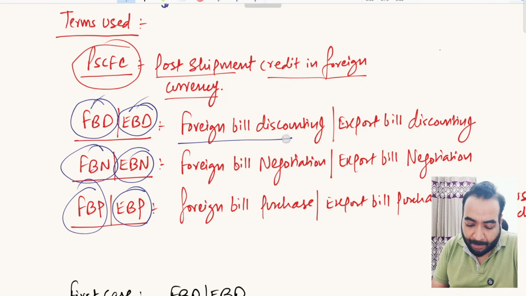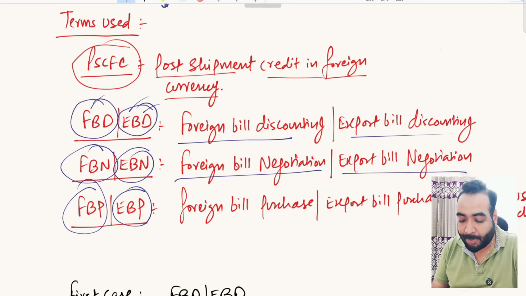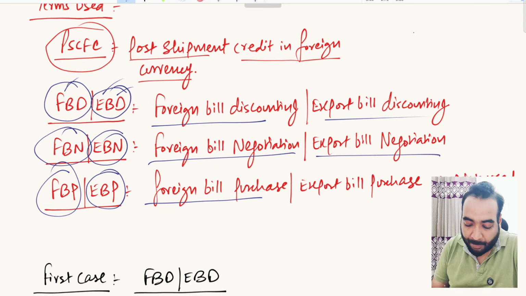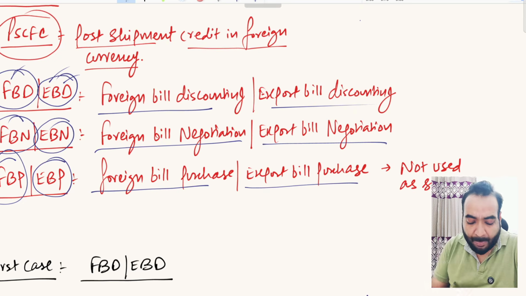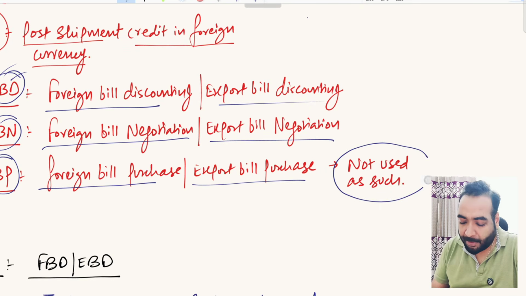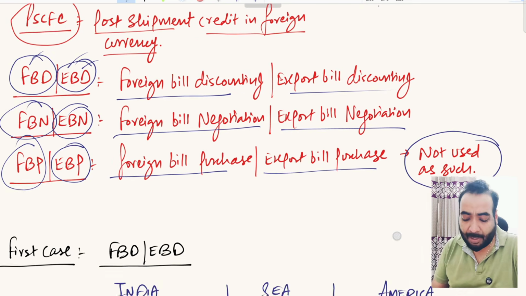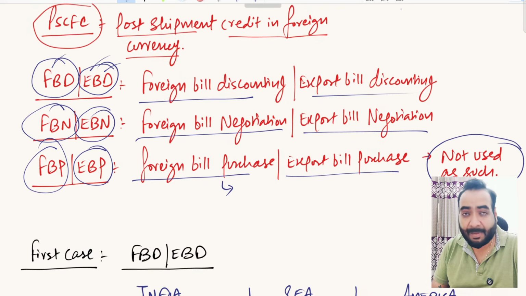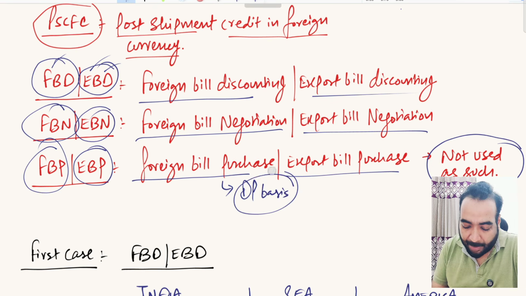So, FBD means foreign bill discounting, EBD means export bill discounting, foreign bill negotiation, export bill negotiation, foreign bill purchase, and export bill purchase. So FBP or EBP facility is not used practically. This is practically the financing of your transit period only. It is for the DP basis system where your payment terms are DP only, documents against payment.